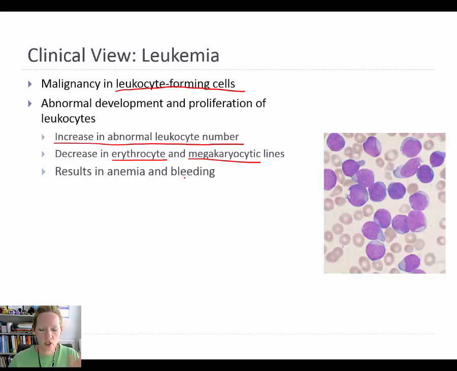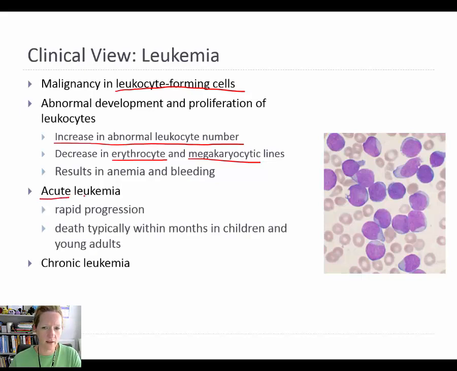So let's just take a look at two general types of leukemia, just acute and chronic leukemia. As far as acute leukemia, this is going to be the one where it's going to show rapid progression. That's where the name acute comes from. And death occurs very quickly, and it really just depends on the age of the individual.